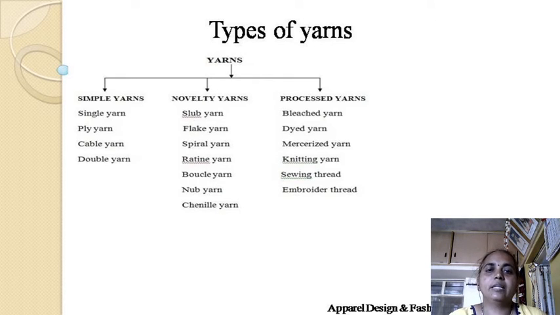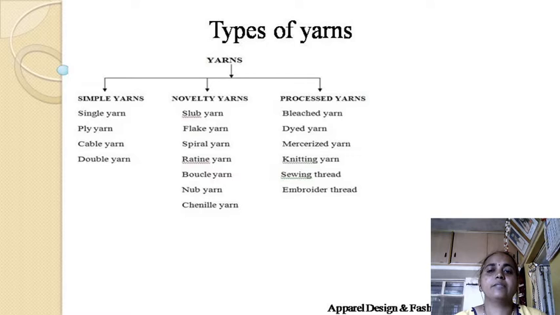These are slub yarn, flake yarn, spiral yarn, rattan yarn, buckle yarn, nub yarn, and chenille yarn. Next are the processed yarns: bleached yarn, dyed yarn, mercerized yarn, knitting yarn, sewing thread, and embroidered thread.